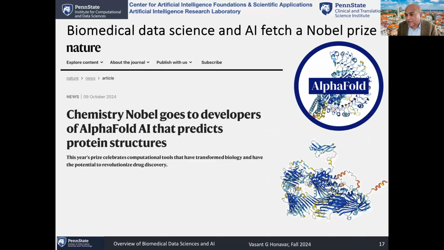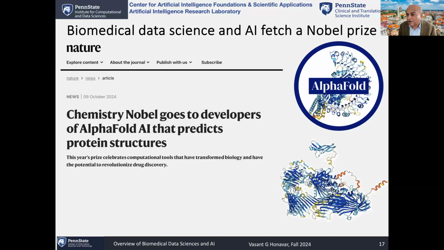AlphaFold is essentially a culmination of the creation of the Protein Data Bank, an extremely large database of all experimentally determined structures, and a deep learning or machine learning algorithm that was trained on this large database to learn the regularities so it could predict protein structures, right?